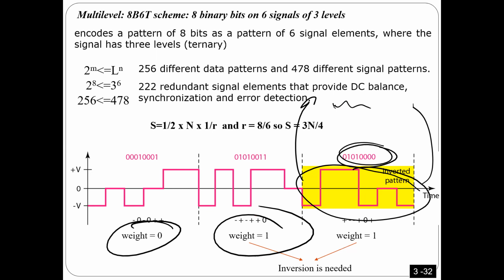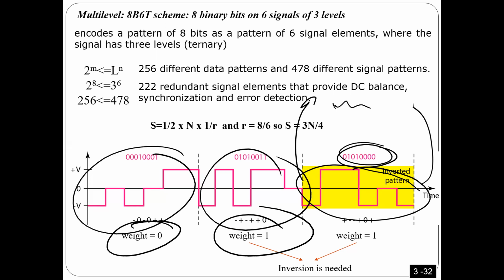If it is +1, I'm okay, I'm done. But if it is negative, it means it's an inverted signal, because I'm not going to select any pattern that has -1. -1 can only happen if it's inverted. So before I convert it to binary, I'm going to invert it first, then use the inverted one to get the binary.